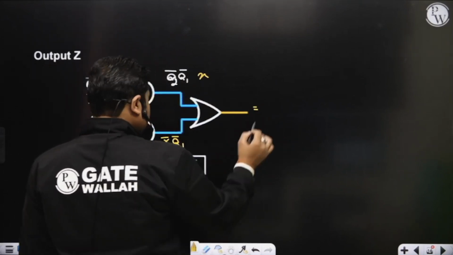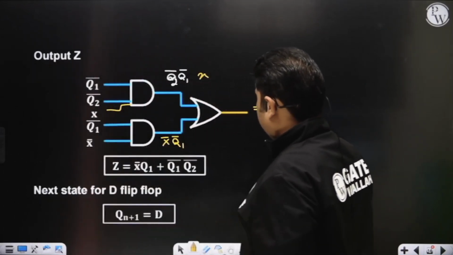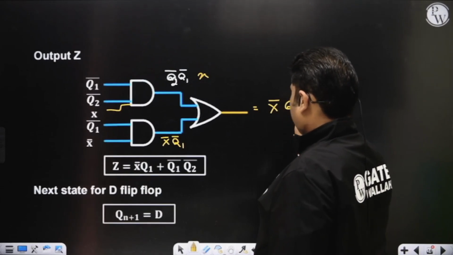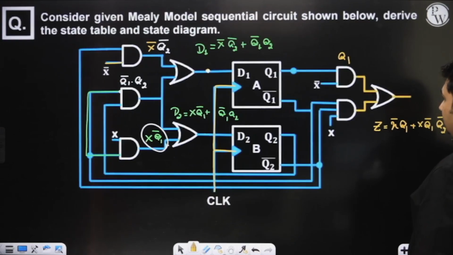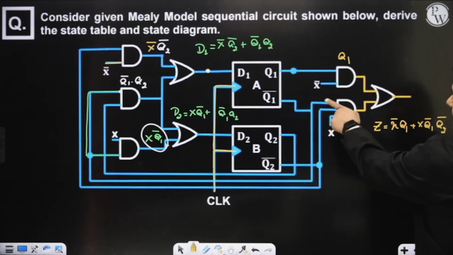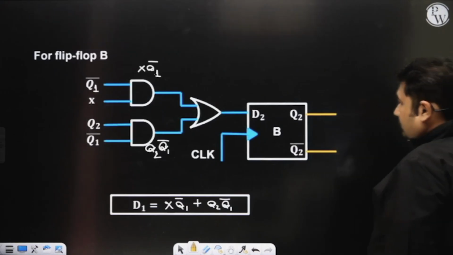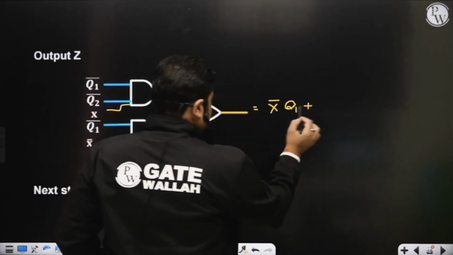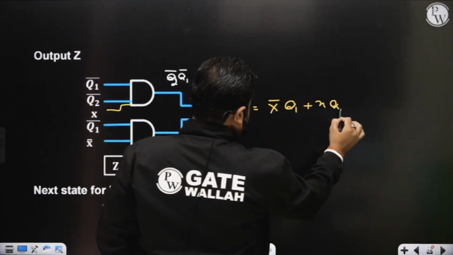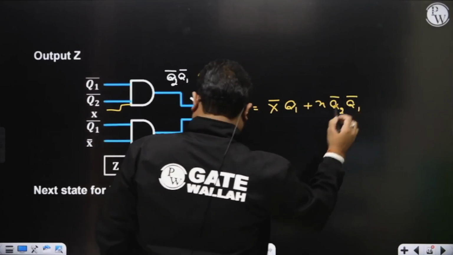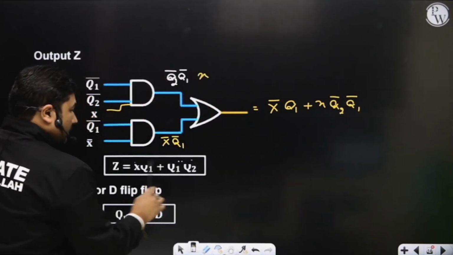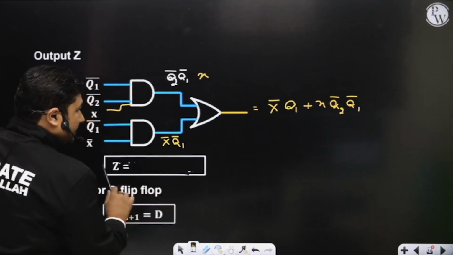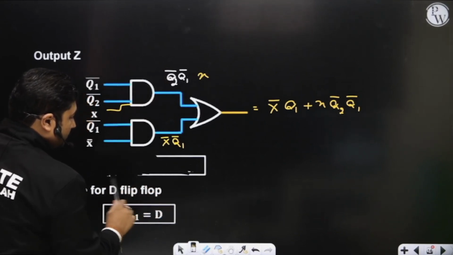So output Z is x complement Q1 plus x Q1 complement Q2 complement. So x is missing here: x Q2 complement Q1 complement. Kindly correct it. Kindly note it. So now we have Z. I'm writing Z there only.